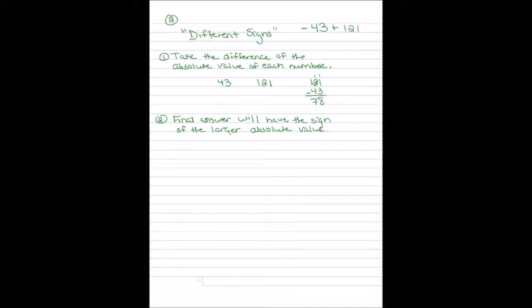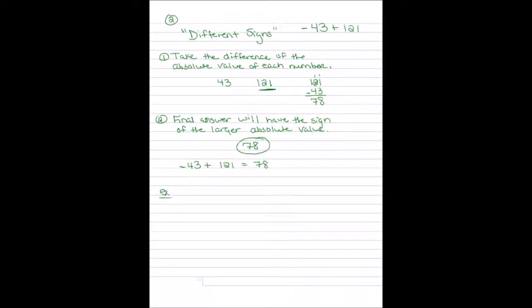So the larger absolute value, which number is bigger, the 43 or the 121? The 121 is bigger. And when you look at the sign of the original number, it was positive. So your final answer is going to be positive. So negative 43 plus 121 is equal to 78.